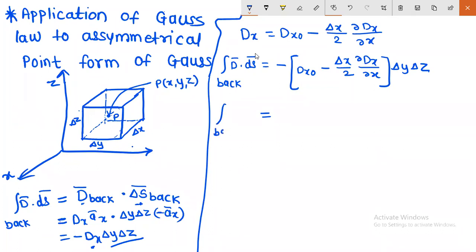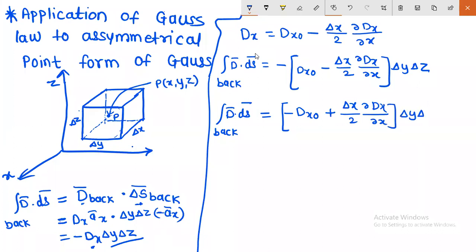So integration for back side of this D bar dot ds bar is equal to minus dx0, I'll take the bracket, minus dx0 plus delta x divided by 2 into daba dx divided by daba x, and out of bracket it is delta y and delta z.